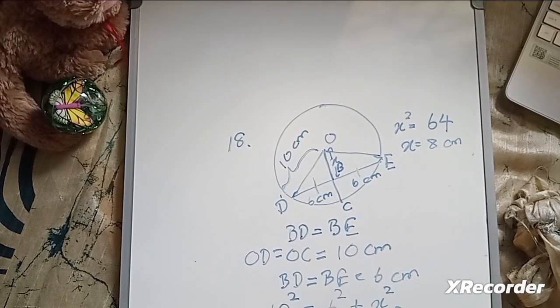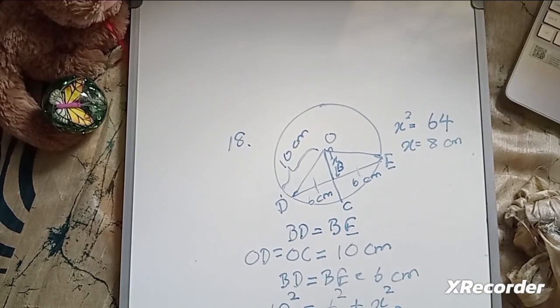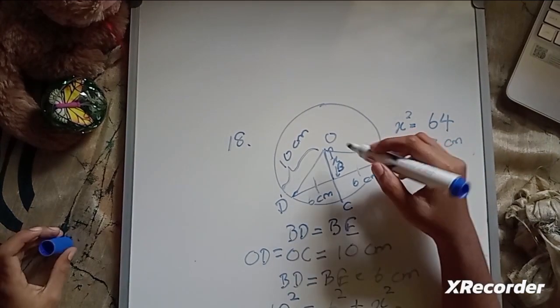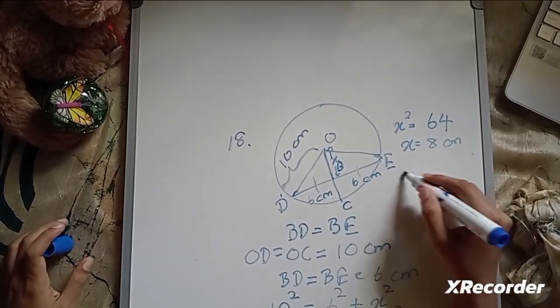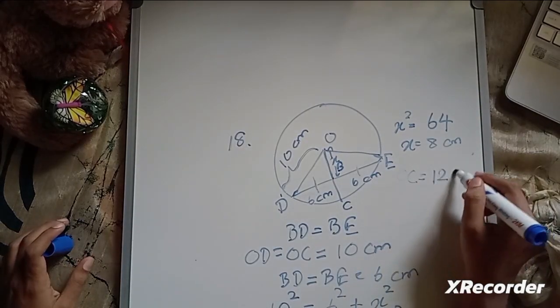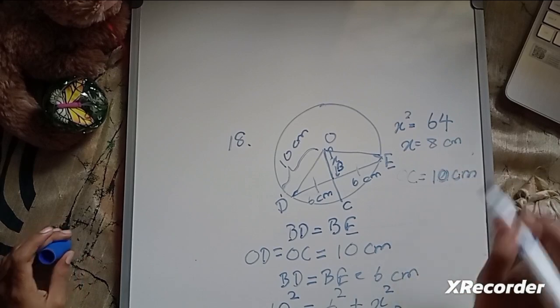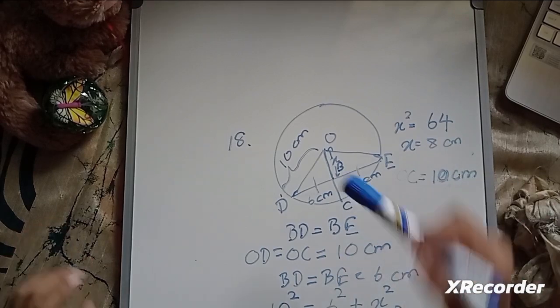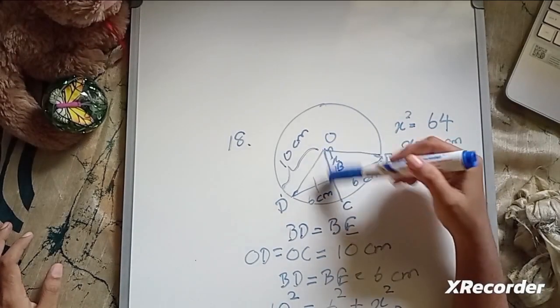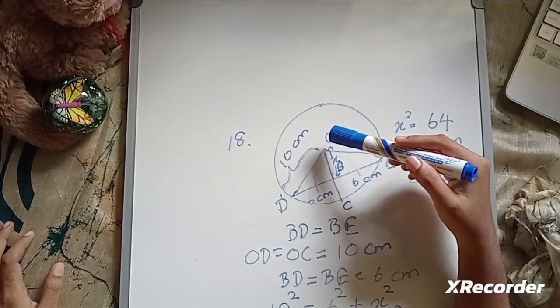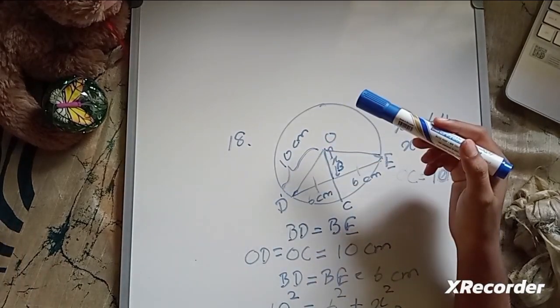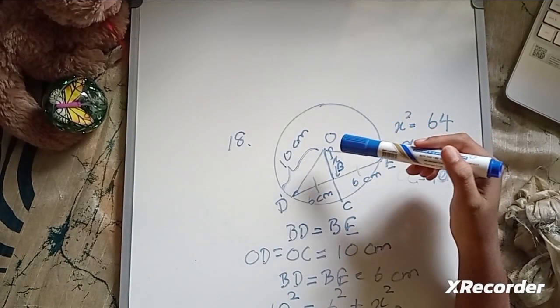If x equals 8 centimeter, they are asking to find the length of BC. This whole OC equals 10 centimeter, since OC is the radius of this circle. They have given the value of OD, so it is a radius.